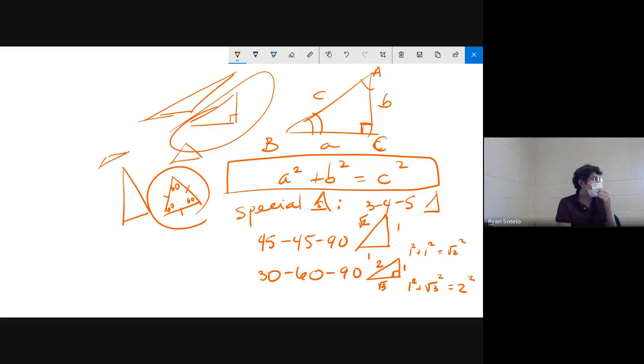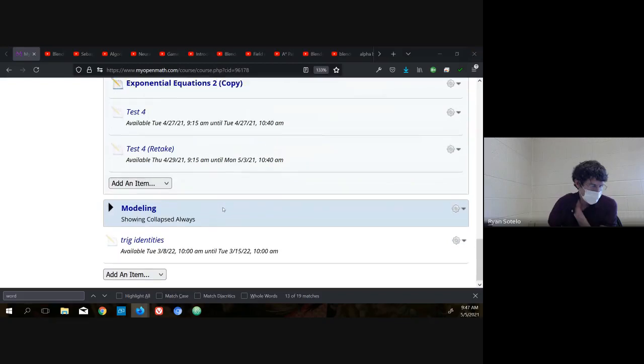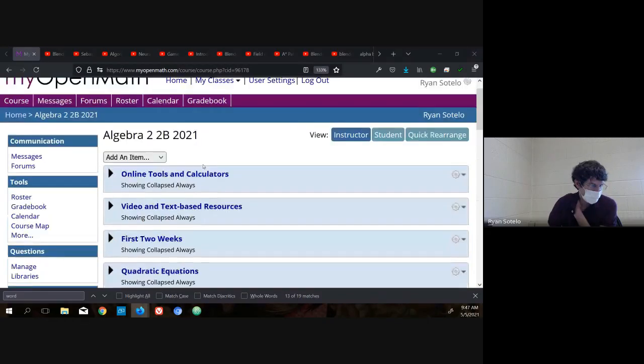There should be a triangle assignment down at the bottom. Should be a new block called triangles that you can expand. Is that correct? I don't see it. Yeah, try refreshing. What does that block say down there? Modeling. You don't have a triangles? Let me see. Did I do it to the wrong class?